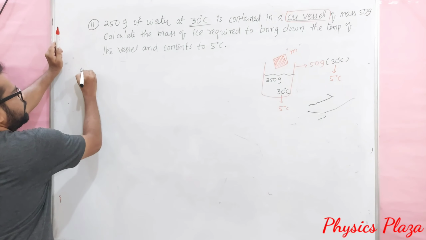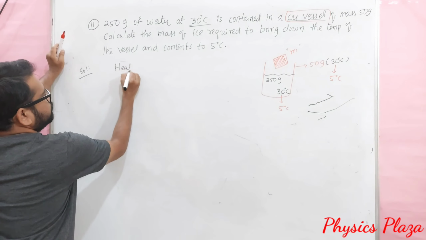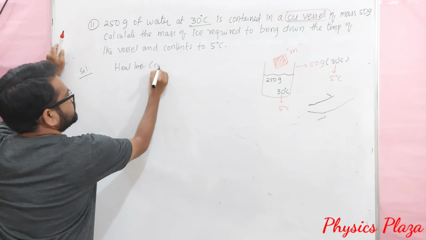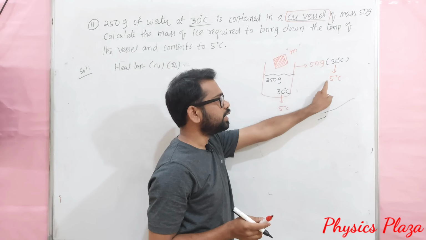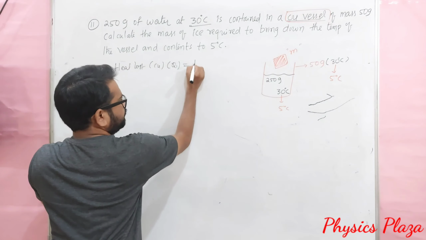First let us calculate heat lost by the copper vessel. Let us say it is Q1. Children, here there is no change in state, copper vessel remains copper vessel only. Its temperature goes from 30 degrees Celsius to 5 degrees Celsius. So how to calculate heat lost?